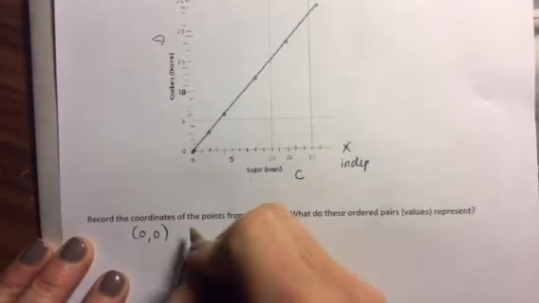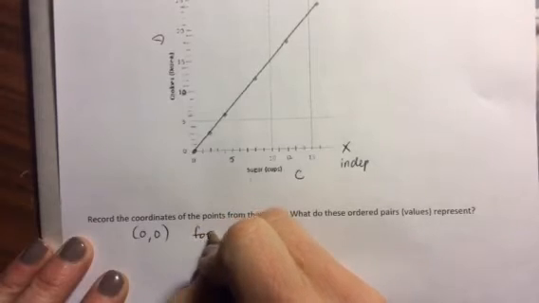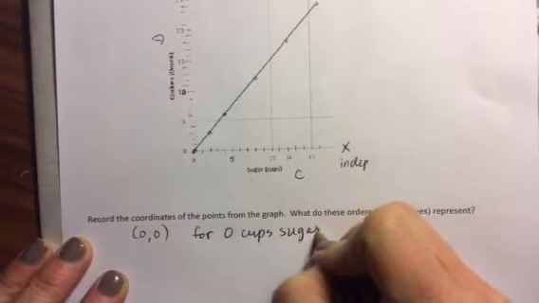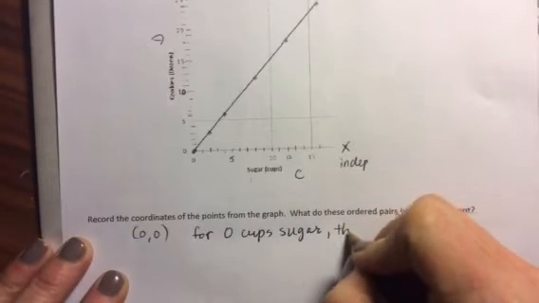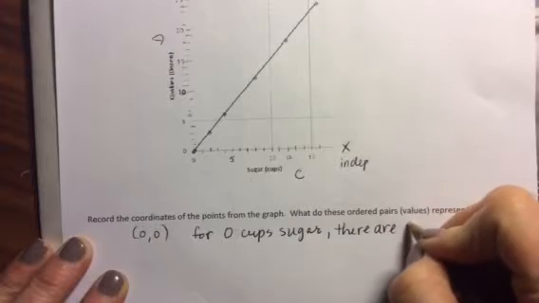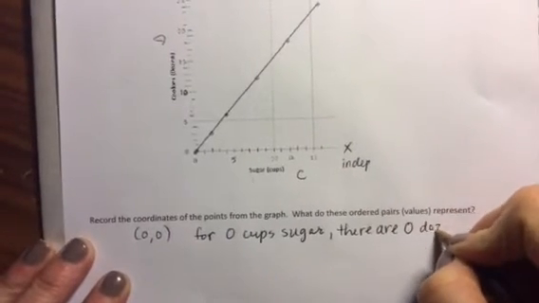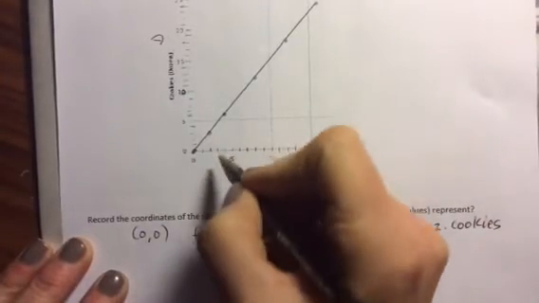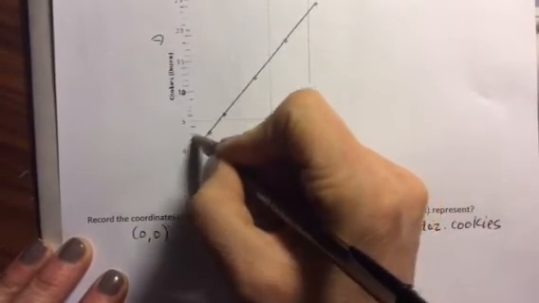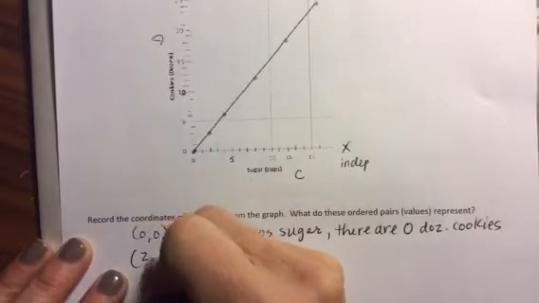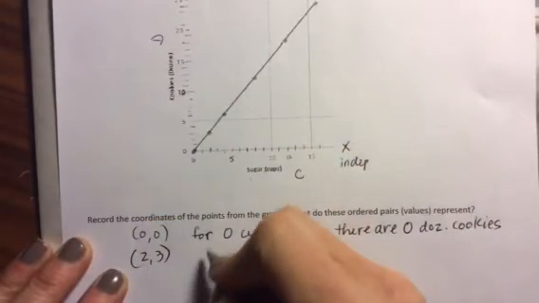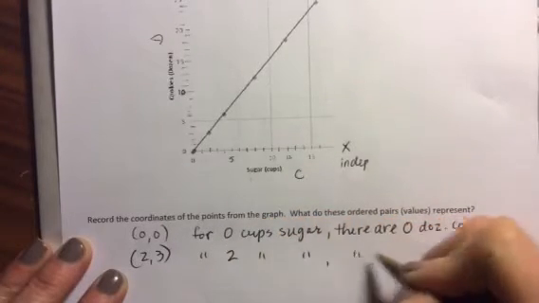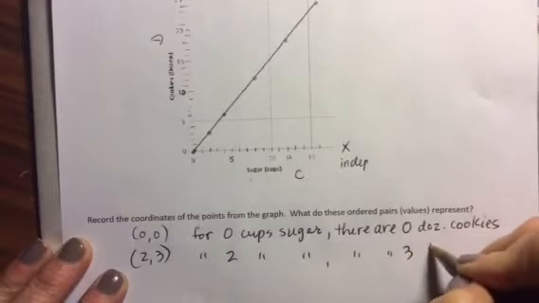That means for 0 cups of sugar, there are 0 dozen cookies. Then if we look at the next point, we're at 2, 3. So that means for 2 cups of sugar, there are 3 dozen cookies.